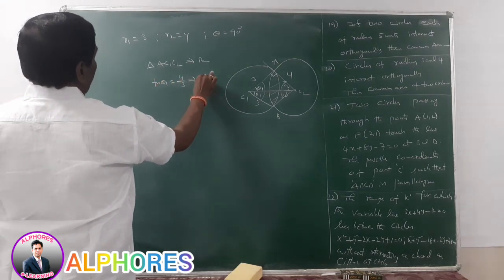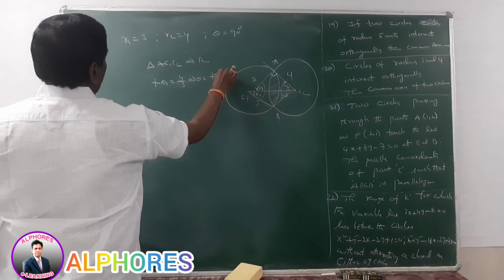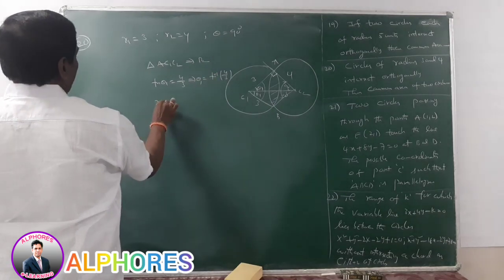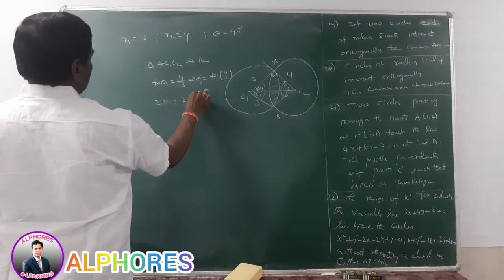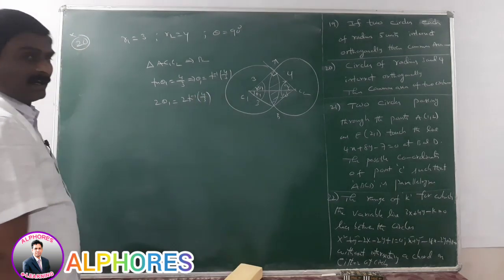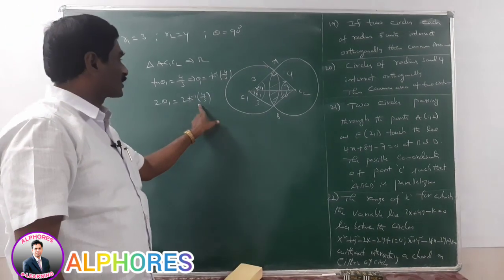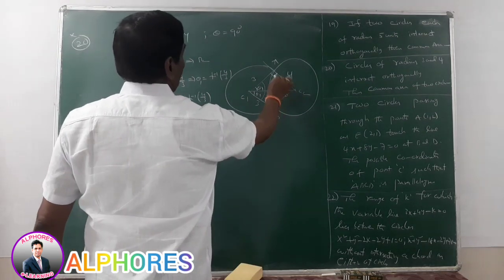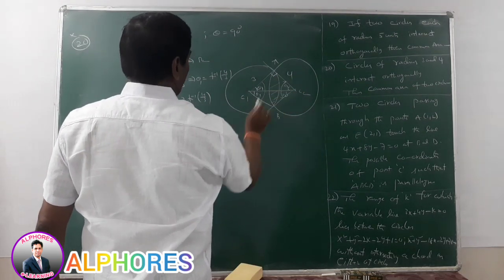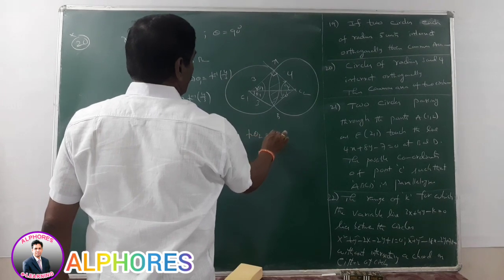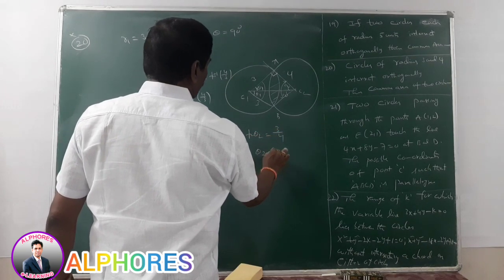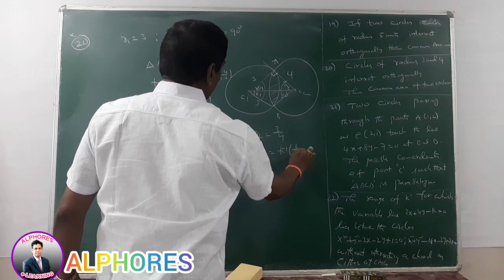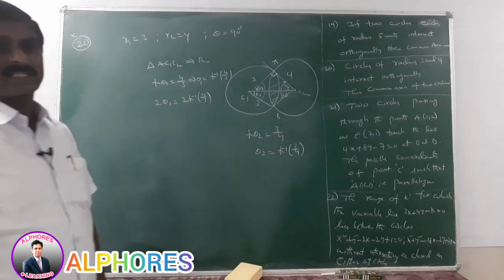That implies theta 1 is equal to tan inverse 4 by 3. So 2 theta 1 means 2 tan inverse 4 by 3. The angle of the first sector 2 theta 1 is equal to 2 tan inverse 4 by 3. Next, similarly, from the triangle, tan theta 2 is equal to 3 by 4. Theta 2 is equal to tan inverse 3 by 4. That means 2 theta 2 is equal to 2 tan inverse 3 by 4.